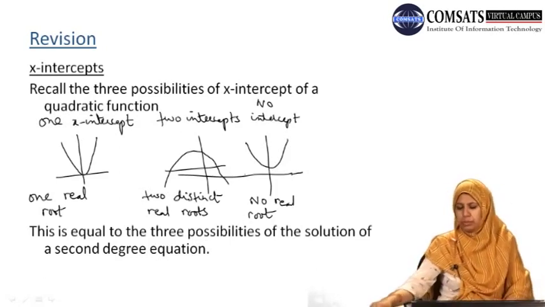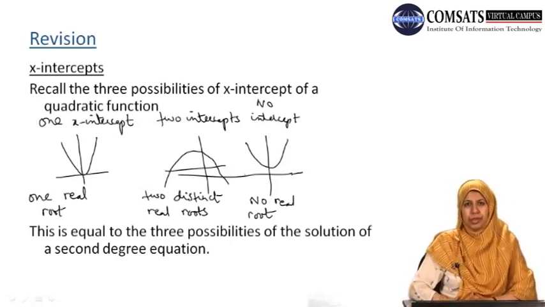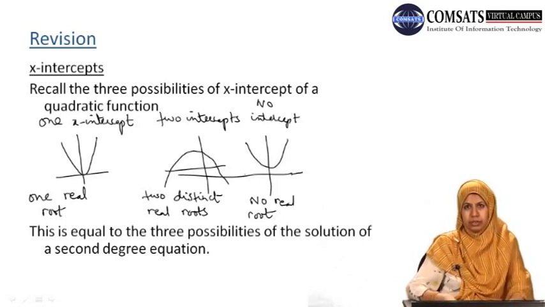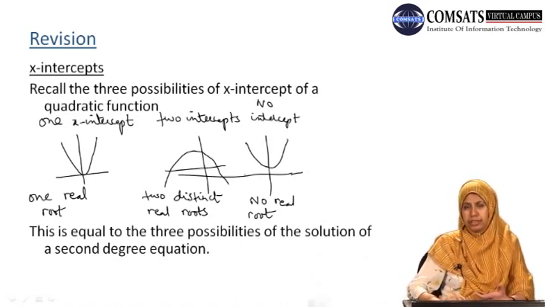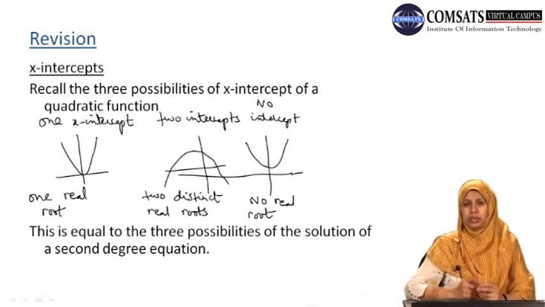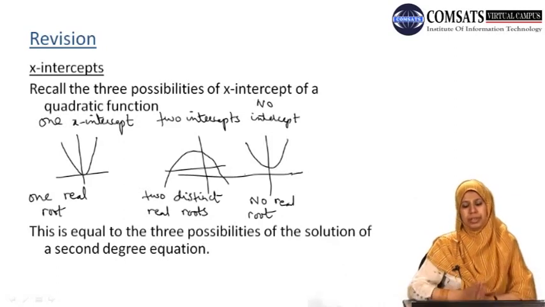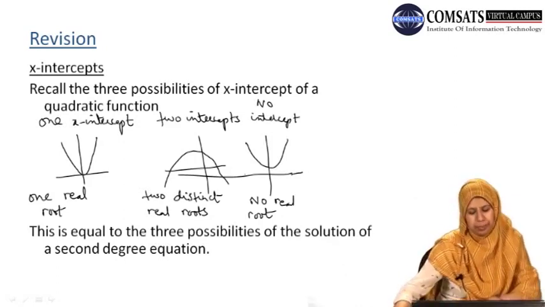Okay, up to now we have revised what we have done in our last lecture. That is how we can determine the concavity of a given quadratic function, the y-intercepts and the x-intercepts. And what do we mean by the three possibilities of the x-intercepts or the three possibilities of the roots of a quadratic equation? They are actually the same.